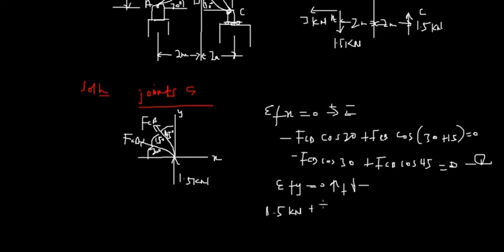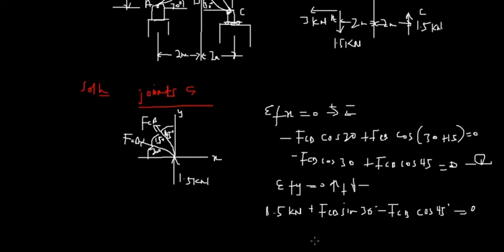So we have FCD sine of 30 degrees, and then FCB acting in the y direction, so we have minus FCB. Now it will act downwards, opposite from our main direction. So that would also be cos 45 degrees, as a reference, and then we equate that to 0.